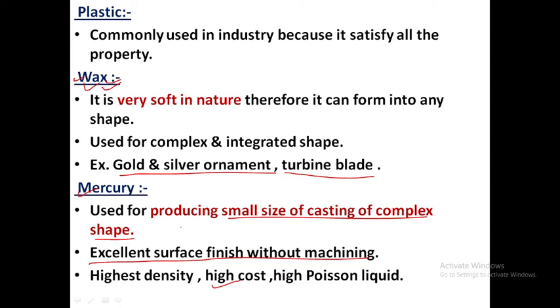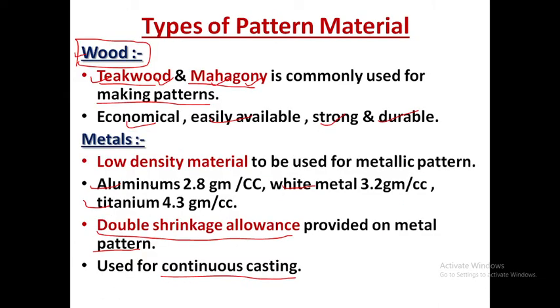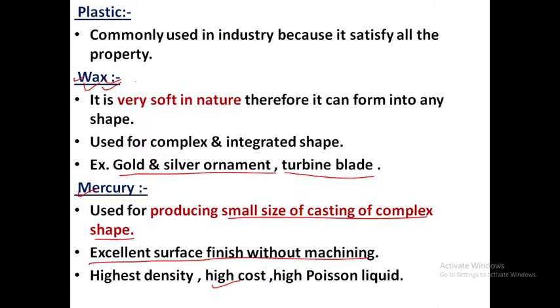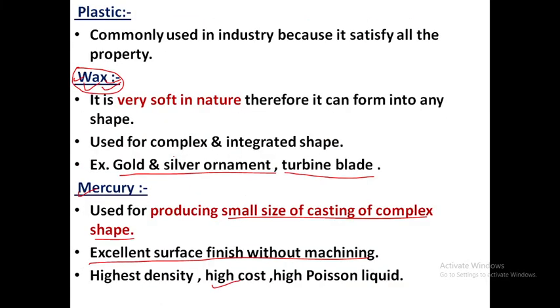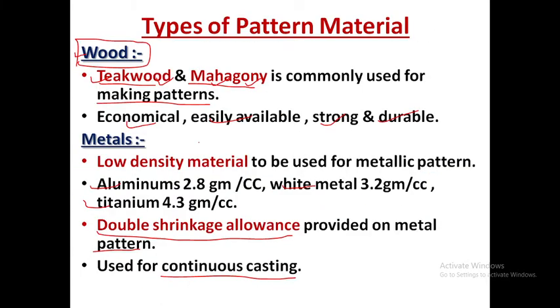If that requirement is most important, at that time mercury is used. Otherwise, the widely used materials in industries are wax and wood. These other pattern materials are also there, but the widely used materials in industry are wax and wood.